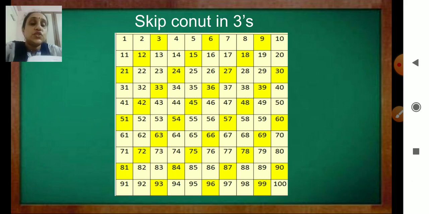So we have reached 6. Then from 6, 7, 8, 9, 10, 11, 12. Like this we can reach by skip counting of 3. You can see till 99 we have marked, and this is the skip count in threes.